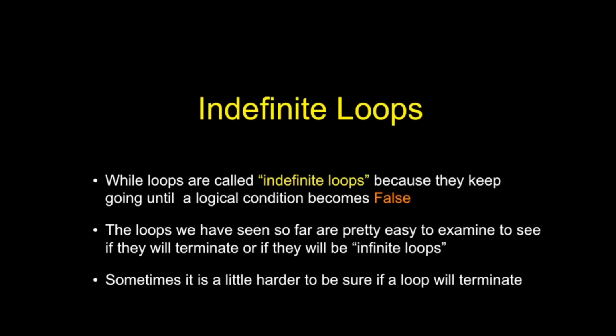But sometimes, if they're long and complex and their exit or termination conditions are a little more complex, it's not clear that they're really going to terminate. And so we can use while loops for a lot of things, but for most of our looping, we're going to use what are called definite loops, and that's what we're going to talk about next.